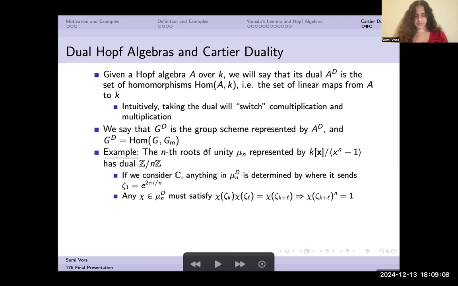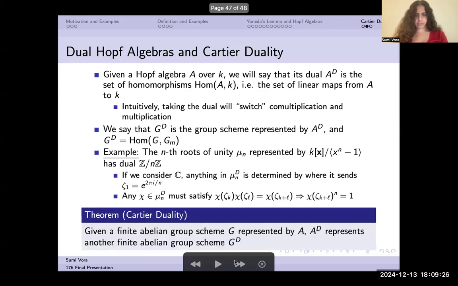Okay. And so the theorem, the Cartier duality, says that you notice that Z mod nZ is also representing a group scheme too.